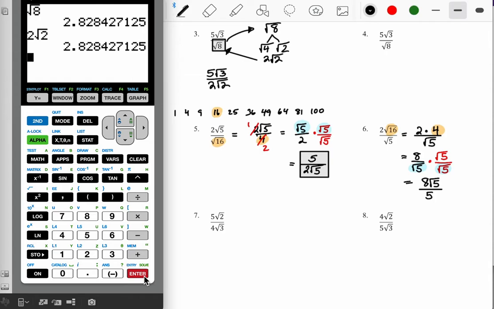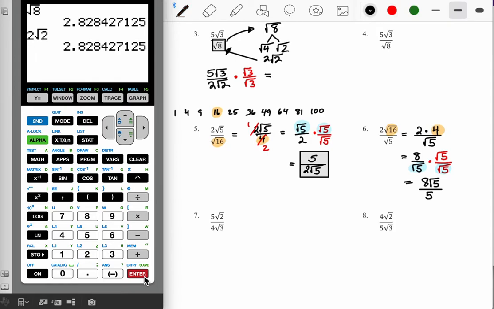Now I need to have a rational numerator here because this is an odd numbered problem. So I'm going to multiply top and bottom by the radical I want to get rid of. The one I want to get rid of is the radical 3, so I'll multiply top and bottom by radical 3.